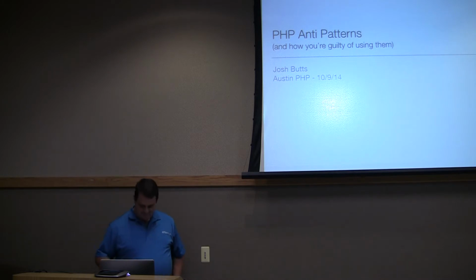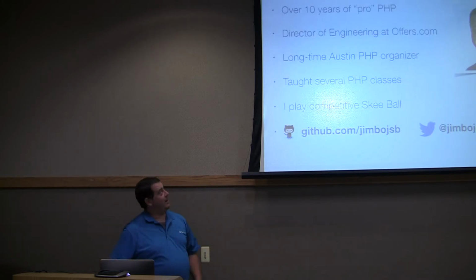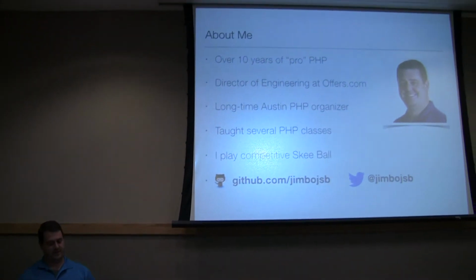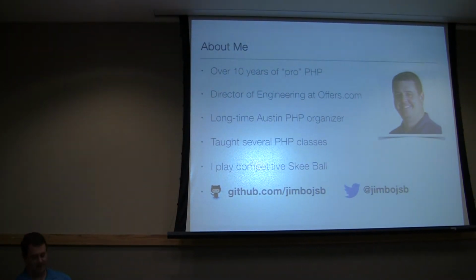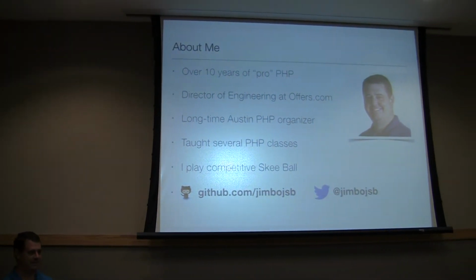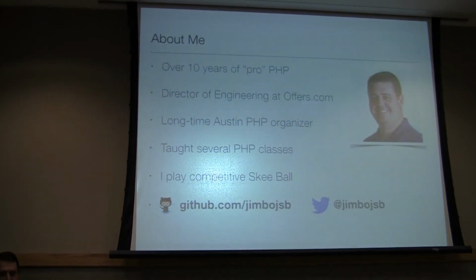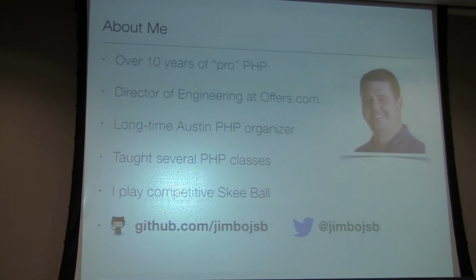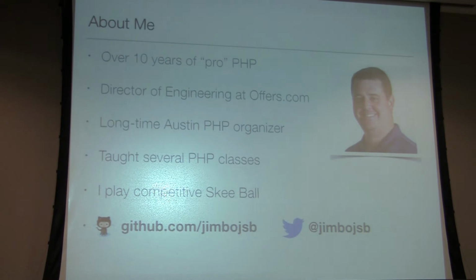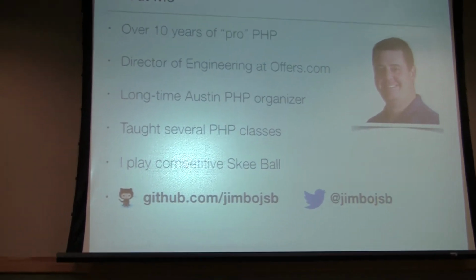So about me, my name is Josh Butts. I'm the Director of Engineering at Offers.com. I've been getting paid to write PHP for over 10 years, doing it for free for a little while before that. Been an organizer of Austin PHP for ages, since the second time I showed up at one. Right place, wrong time sort of thing.